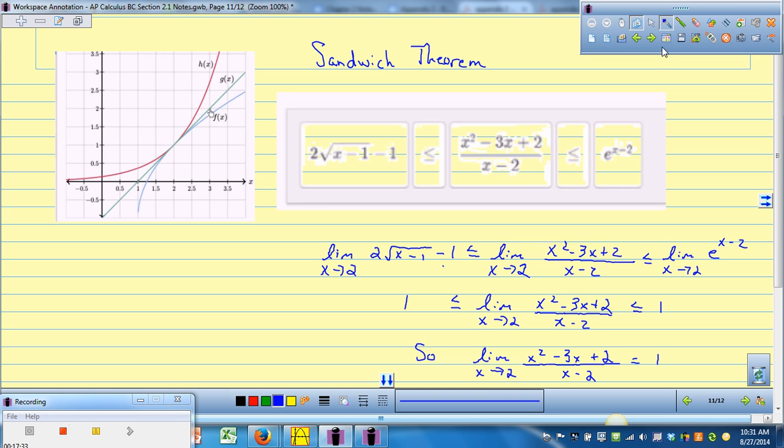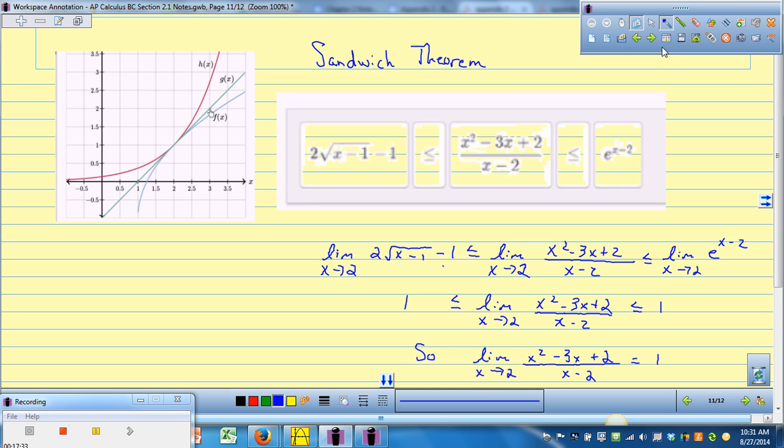And if this is always less than this, which is always less than this, and I want to figure out the limit as x approaches 2 of this expression, well, I can take the limit of each expression in my little inequality. The limit as x approaches 2 of f of x is going to be less than the limit as x approaches 2 of g of x, which will be less than the limit as x approaches 2 of h of x. Well, we can calculate these limits, correct?